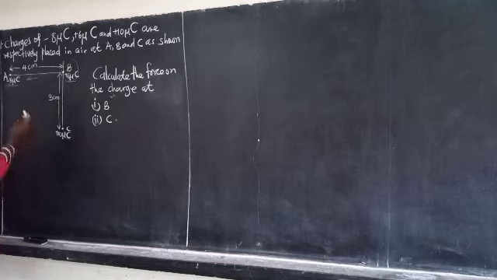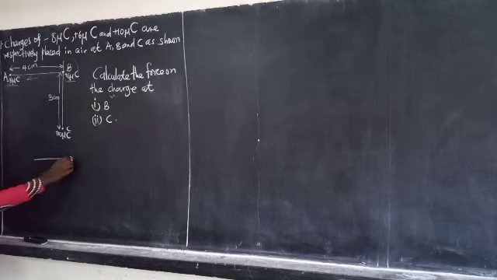I can maybe represent it like this: this is our B, and this is our A. The charge here is -8 microcoulombs, and the charge here is +6 microcoulombs.